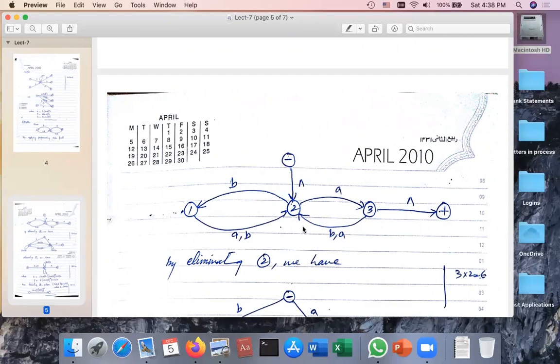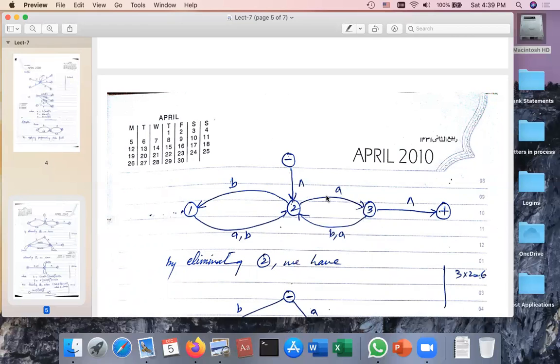But now I have to check for multiple loops or multiple paths. There are no multiple loops, though this is not a loop actually. A loop is something originating from some point and ending at that point, the same edge. For example, you can say I can go from 3 to 2 and then I can come again to 3. This is not a loop.